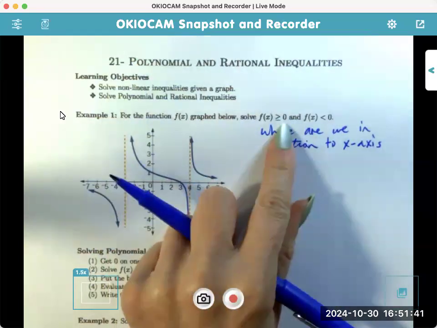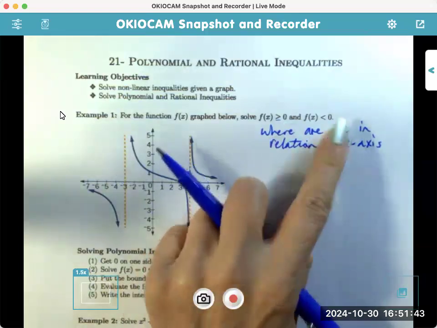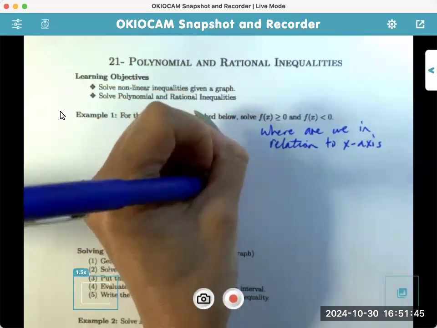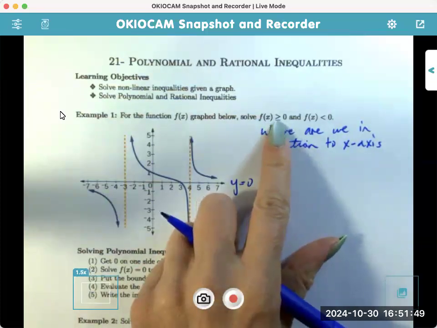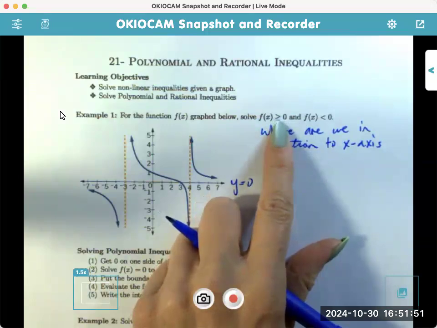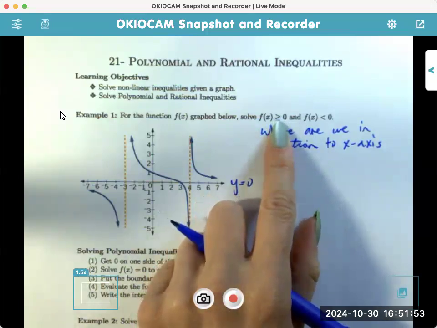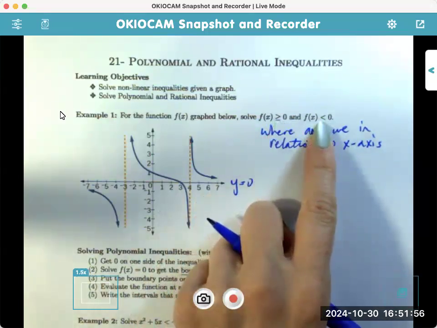Because that's what we mean in terms of greater than or less than 0, right? The x-axis is the line y equaling 0. So if I want greater than or equal to, that means we also include any x-intercept. Strictly less than, I guess just strictly less than.